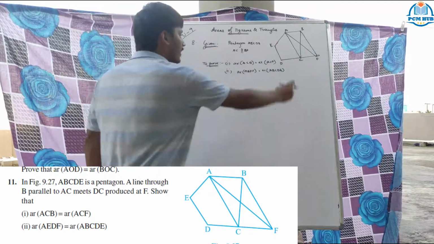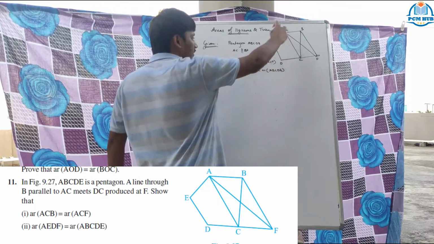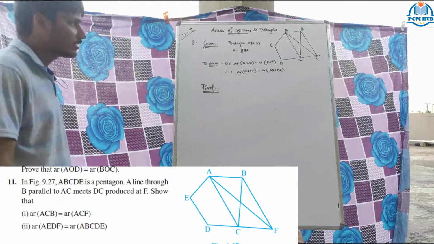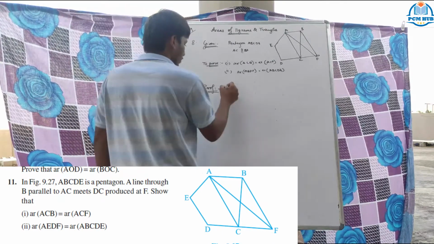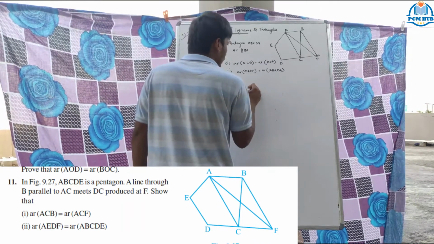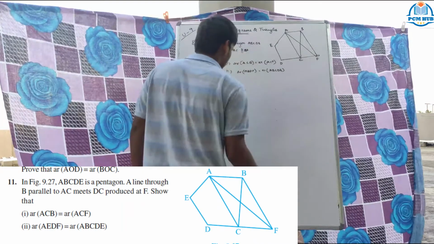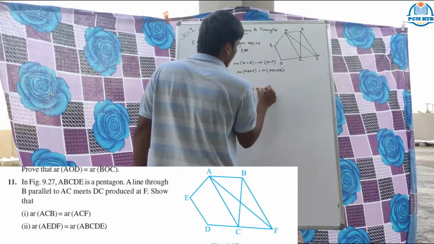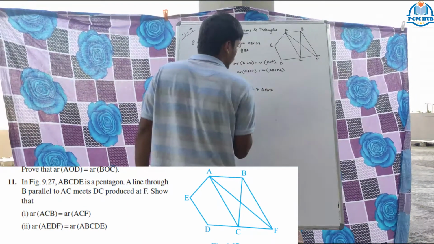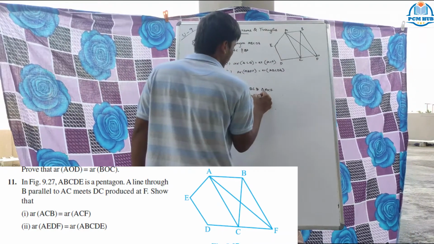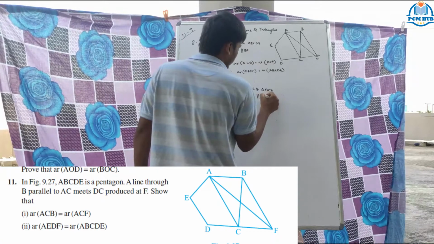Nothing, simple. You will add the small quadrilateral AEDC on both sides. Then you will get the whole figure. So I am doing it here. You can see, in triangle ABC and triangle ACF, AC is parallel to BF.